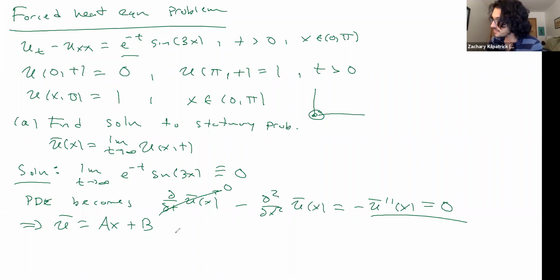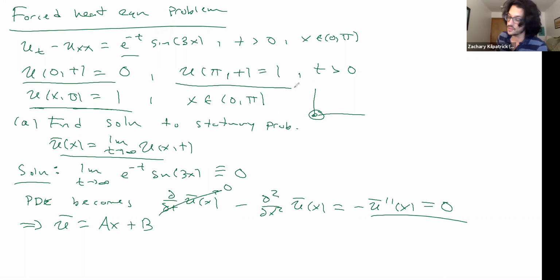Okay, what do I know about my boundary conditions now? So remember, in the long-term solution, the initial condition is no longer relevant, right? Because I'm out at infinity. But what is still relevant is the boundary conditions, okay? So in addition here, I'm going to take the boundary conditions. And I know that this is true for all t greater than 0, so u bar of 0 needs to equal 0, okay?